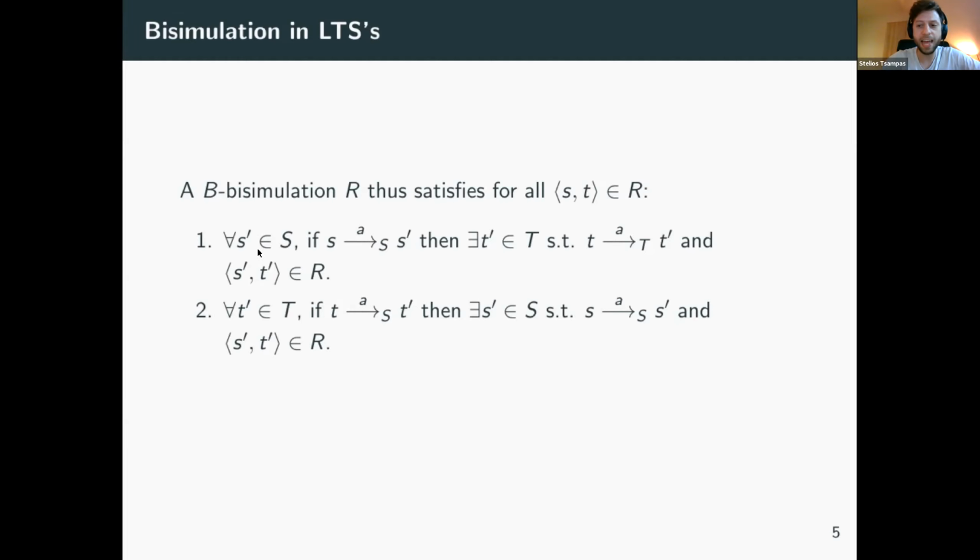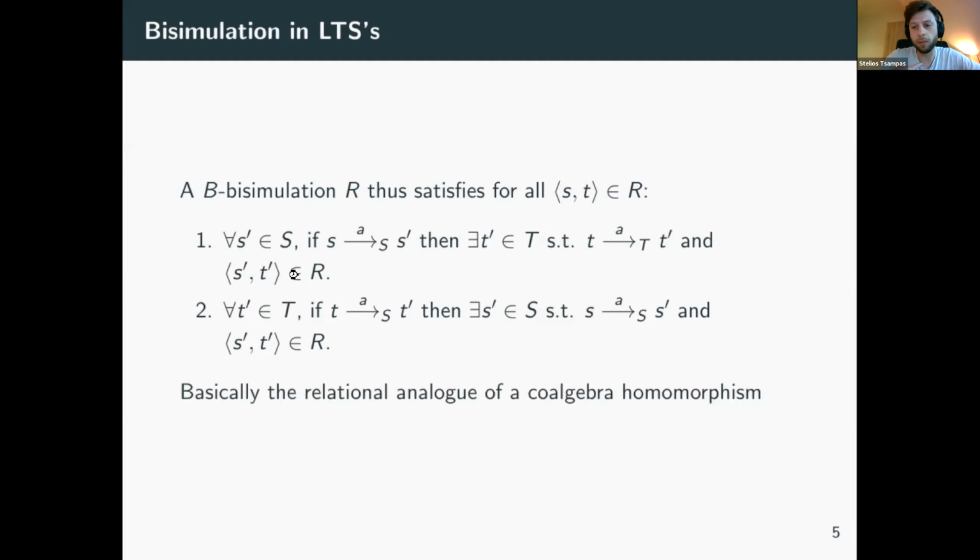For any S prime such that S goes to S prime and emits a label alpha, if T is related by bisimulation to S, then there exists a state T prime such that T transitions to T prime and emits the same label alpha. Also, we want those two successor states to be also related under R. And we have to take this both ways. This is a symmetric thing.